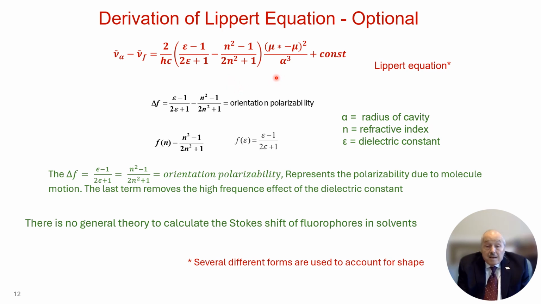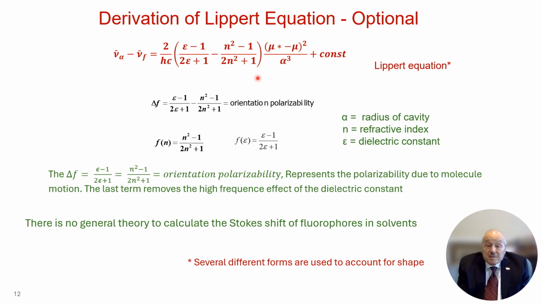There's a term here, which is the difference in the dipole moments between the excited state and the ground state. And then we have this troubling term here, which is the radius of the fluorophore, or the cavity that the fluorophore is in. But since we know the fluorophores are non-spherical, cavities can't be spherical, so it's not going to apply perfectly all the time.